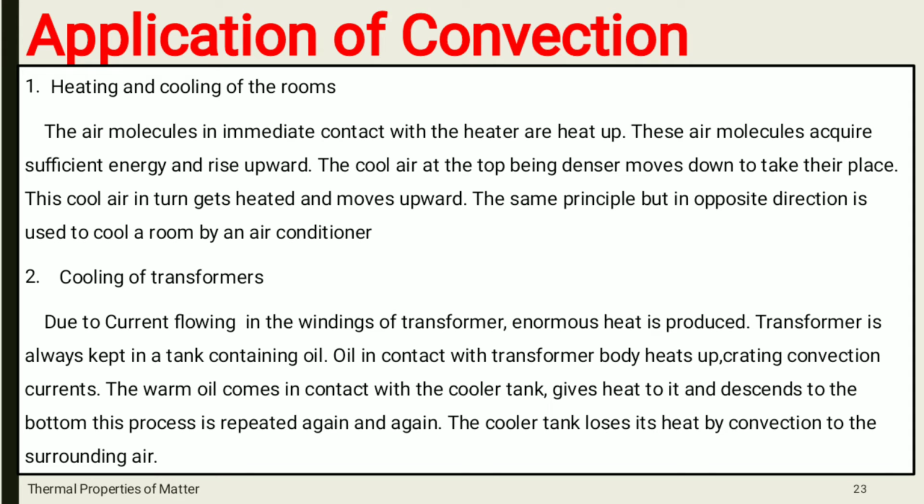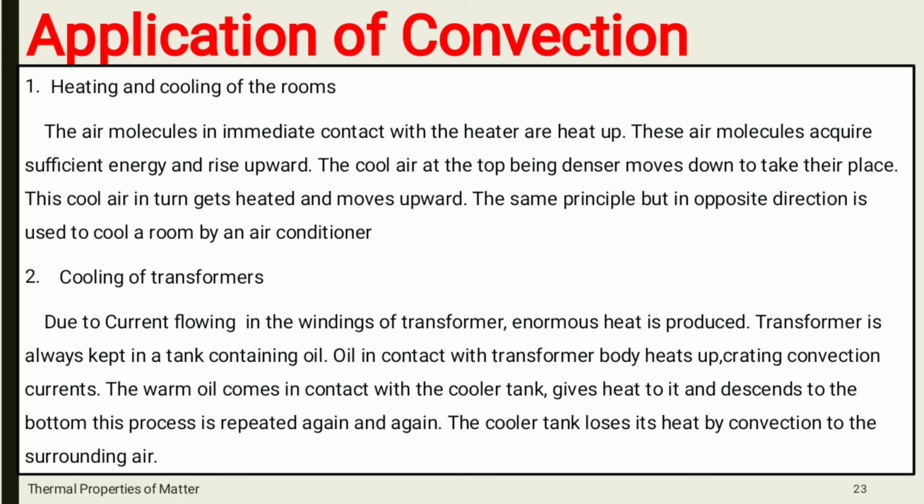Why are we not using water here? Because water has a lower boiling point, and current can pass through water, so water is not good. Firstly, its boiling point is much lower, so we use oil.